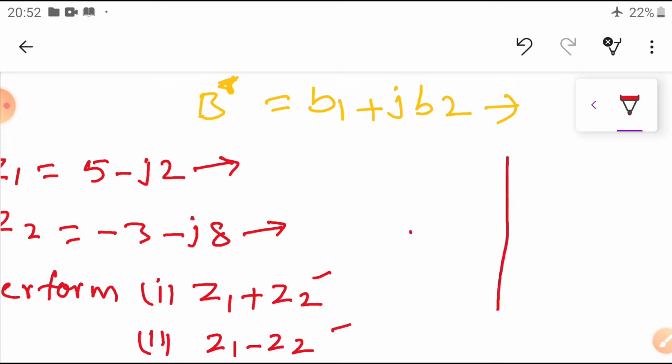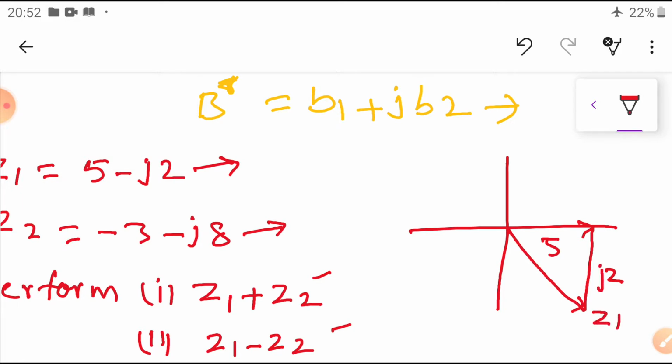No need for this one, just remember here the real part is 5. Okay. So, imaginary part is minus J2. So, this is the vector that is called Z1.